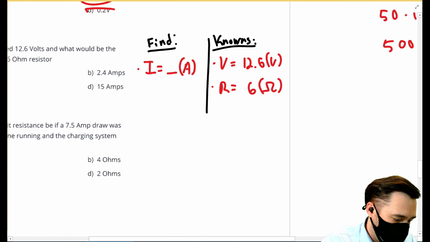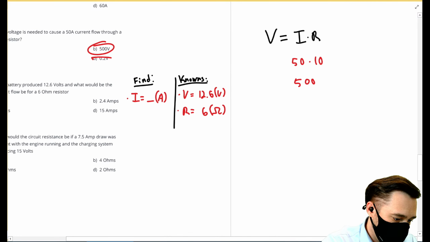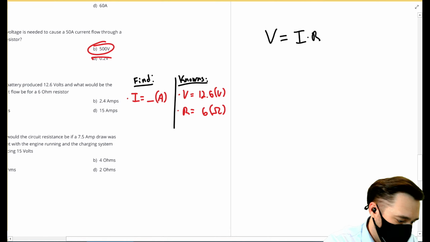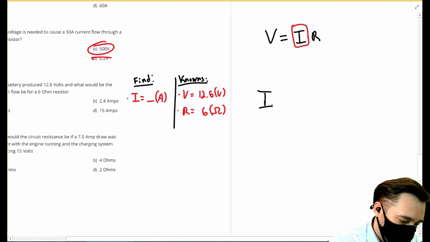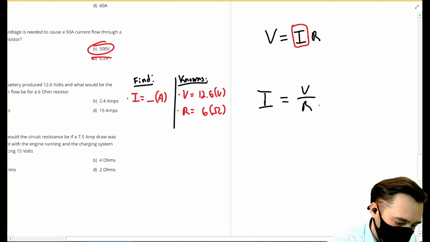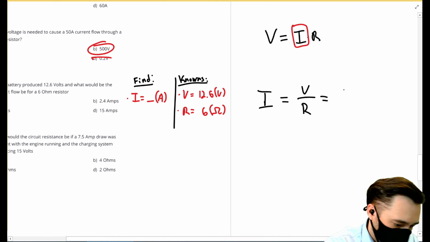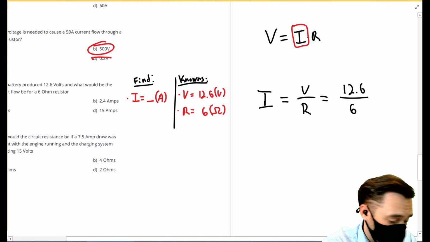So it's a VIR. So V equals IR. Same kind of problem. I'm solving for current now. So current is equal to V divided by R. My voltage is 12.6. I get 6.